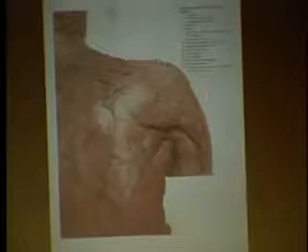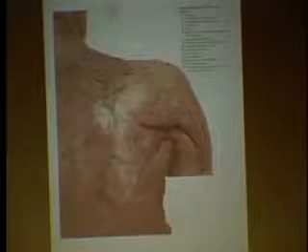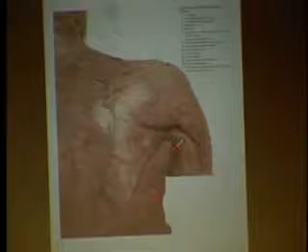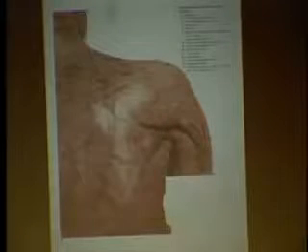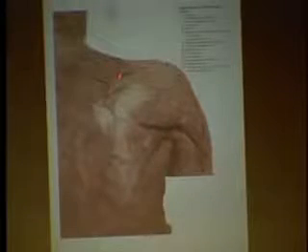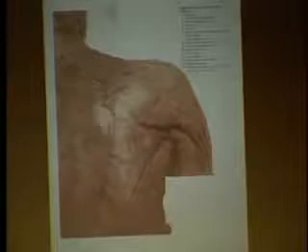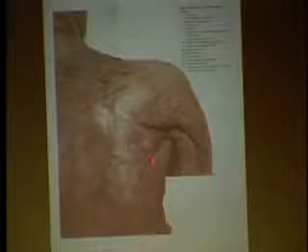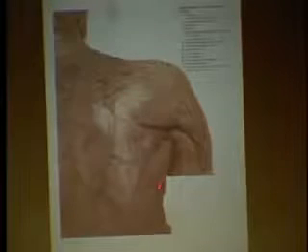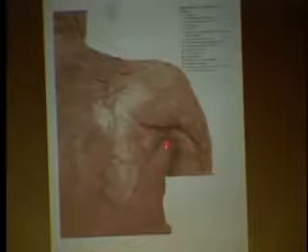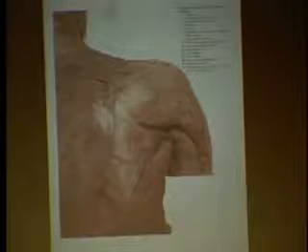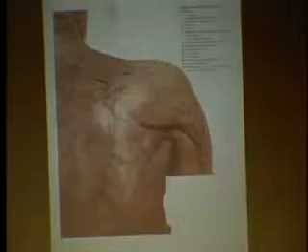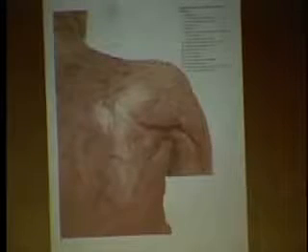If it's going to contract, what's it going to do? What do we call the process of bringing the arm down close to the body? Adduction, right? Does it draw the shoulder down and back? Sure. Okay. Does it raise the arm? No. Good. At least you're thinking there. All right, next slide.